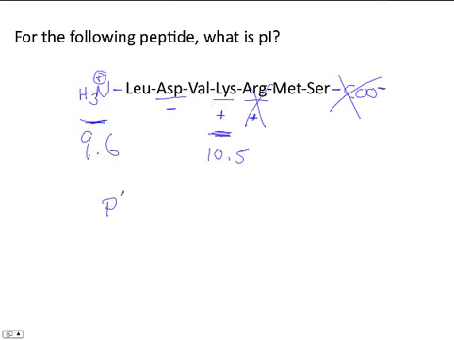So in this case, the PI is going to equal (9.6 + 10.5)/2, and there's a choice given of 10.1, so that would be the correct isoelectric point for this peptide.